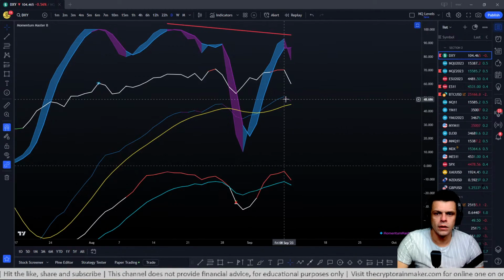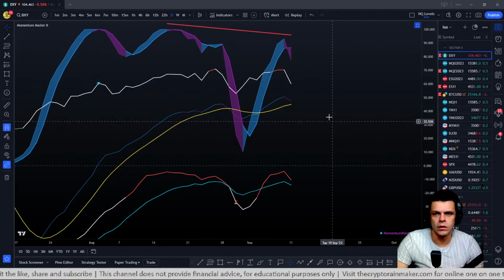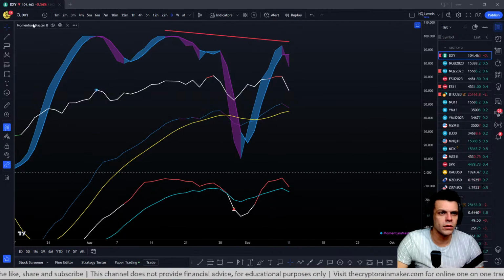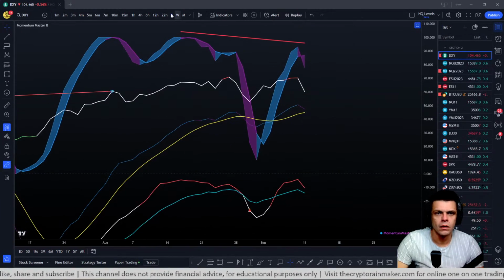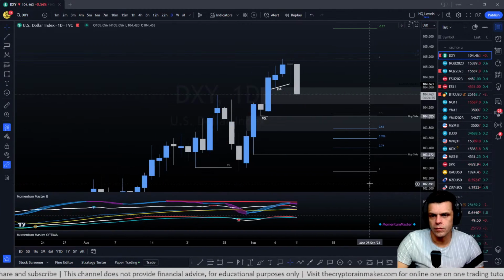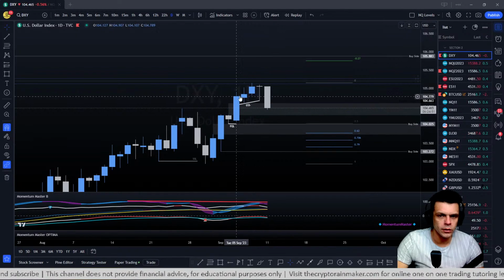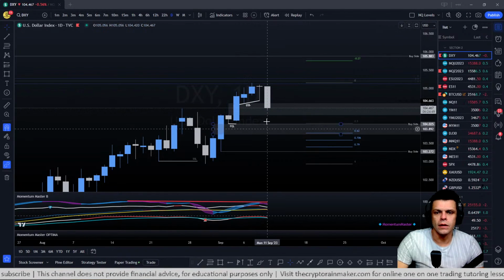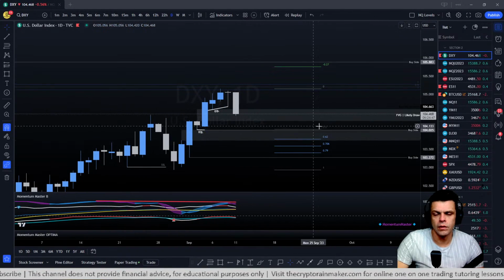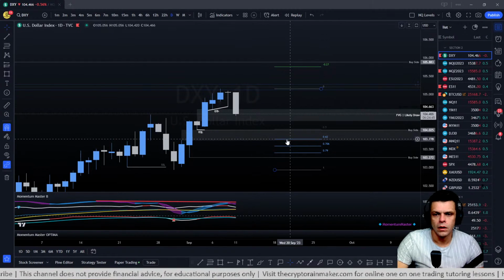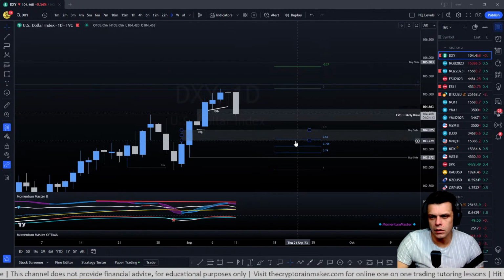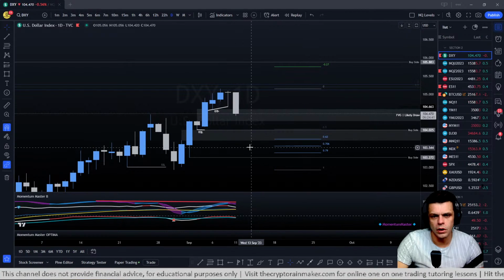And now we can see that the MACD is also starting to roll over. So basically all of the oscillators on the Momentum Master B on the daily chart are pointing to the downside. So I think it's likely over the course of the week that the dollar index could move into this fair value gap right here and then potentially find some support right here at the Fibonacci 618.